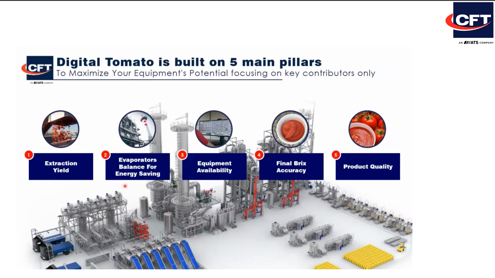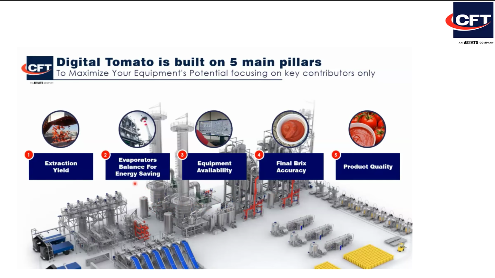The second pillar is the evaporator balance for energy saving. What we mean here is that a modern line is typically built with an MVR falling film, such as an Apollo concentrator for the 5 to 8.5 concentration, followed by eventually an Artemis in the 8.5 to 14 or 15 brix, and finally a Venus triple effect.